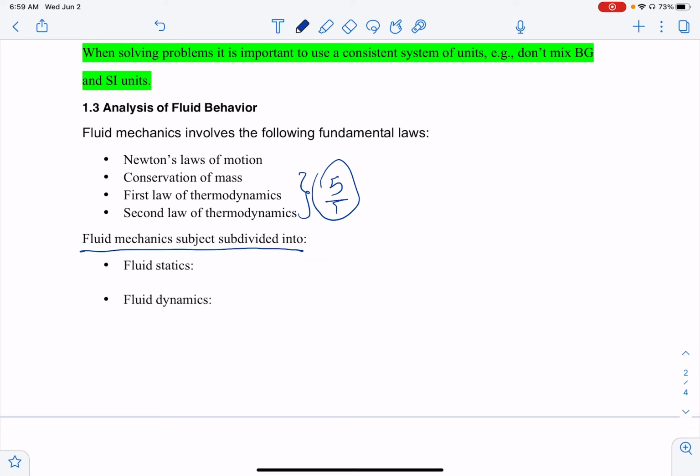Also there is something else that we need to know about fluid mechanics. When we talk about fluids, there are two aspects we can divide the problems into: the fluid is at rest, or the fluid is moving. They are different in solving the problem. We're going to talk about it in the future chapters, so don't worry about it.